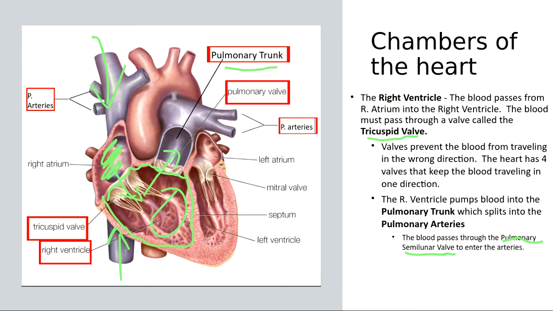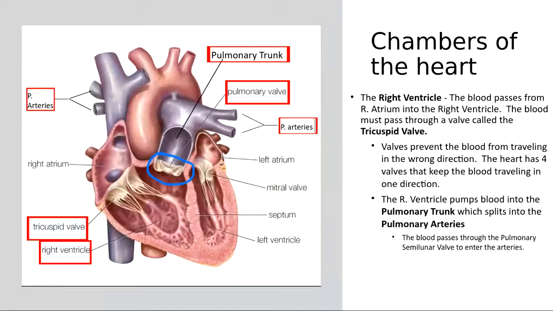So the pulmonary semilunar valve, which is right here, actually let me color it a different color. Right here, the white's right here. The pulmonary semilunar valve will perform the same function, the prevention of blood from flowing backwards.